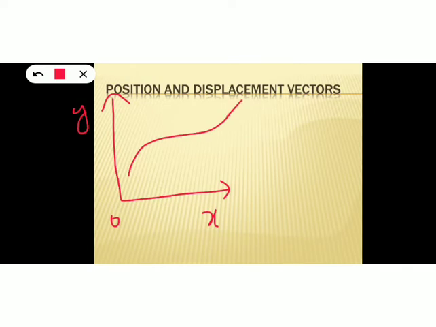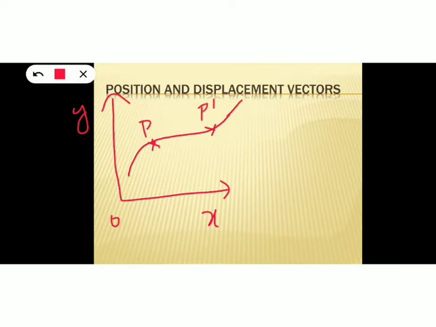So this represents motion in a plane because we are considering the motion of an object in both the x and y plane. So this is a motion in 2 dimensions. Now suppose initially the object is at this point. Let this point be P. Now after some time the object moves and reaches this position, and let this position be P dash.